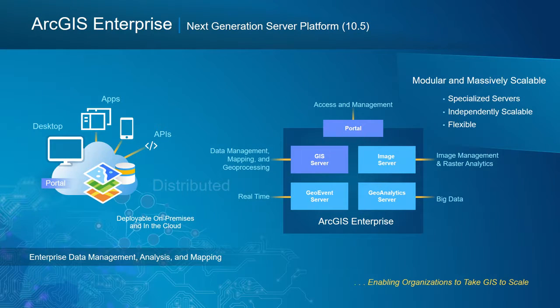You may not experience it initially that way because it's seamlessly a rollover, but this architecture is modular and massively scalable. It means not only are my two anchors, Portal and server, scalable, like to dozens of computers or dozens of cores, but also integrated in with it are specialized servers like the image server or the GeoAnalytics server, the big one, or the real-time server.